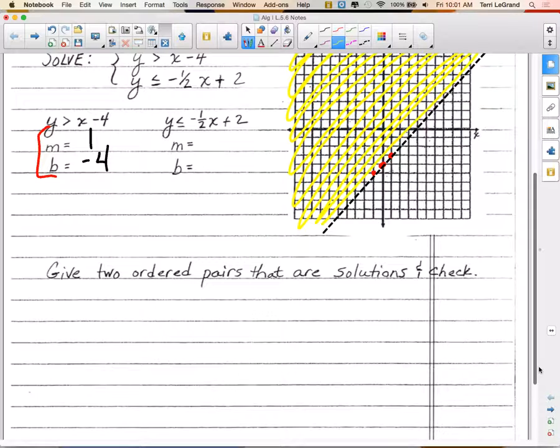Once we have that one done, we can move on to our other one. So go ahead and figure out your M and your B for the second inequality. Get it graphed, making the decisions about dash, solid, where to shade, all that good stuff.